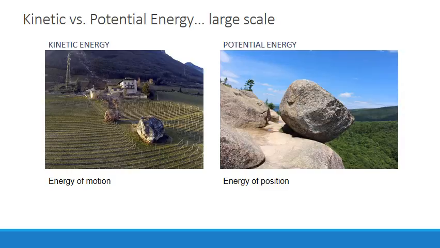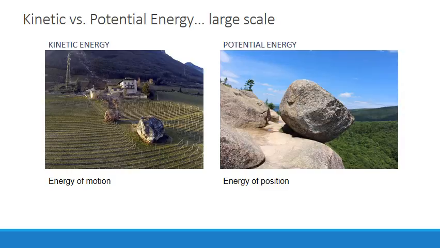So the other side of this picture shows potential energy. That is energy associated with an object by virtue of its position. So it's the capability, it's the potential to do work. And the picture you're looking at here is Bubble Rock in Acadia National Park in Maine.